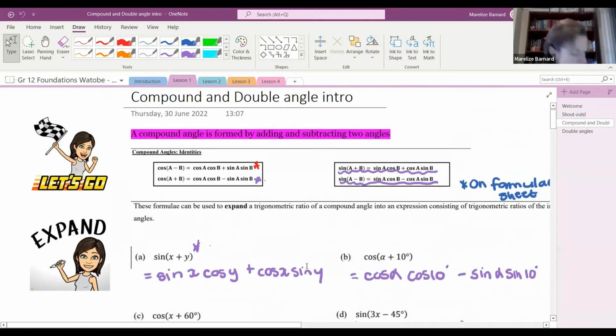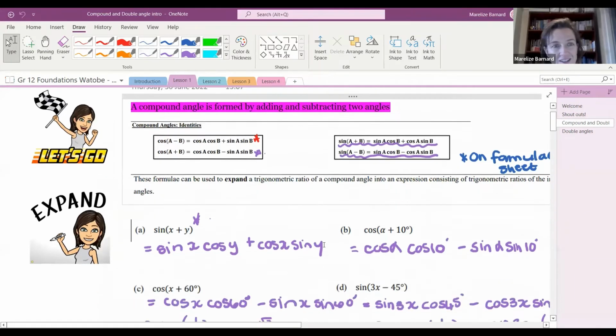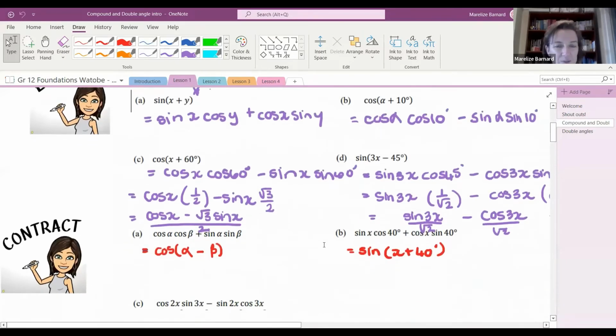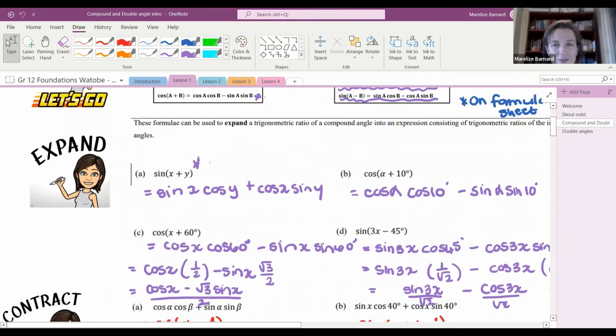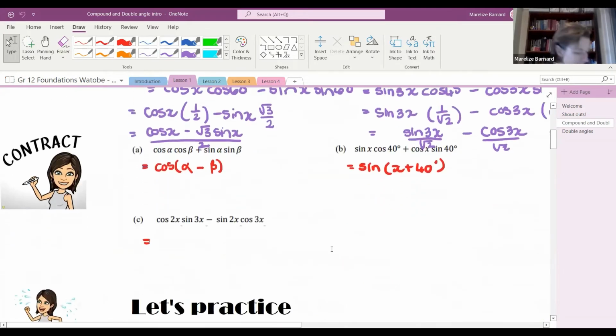Cos sine minus sine cos. Cos sine minus sine cos. That's it. It's sine A minus B. A little bit of a catch there with the order of the terms, but it is sine 3x minus 2x.